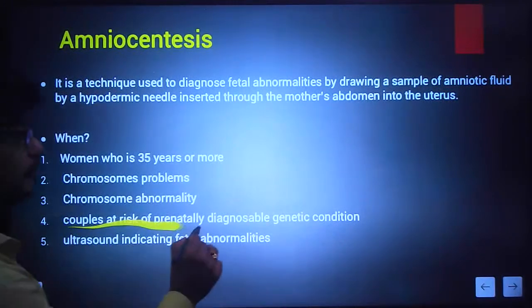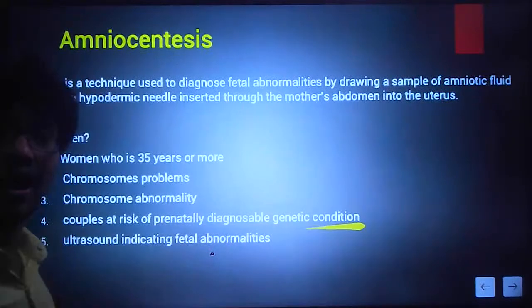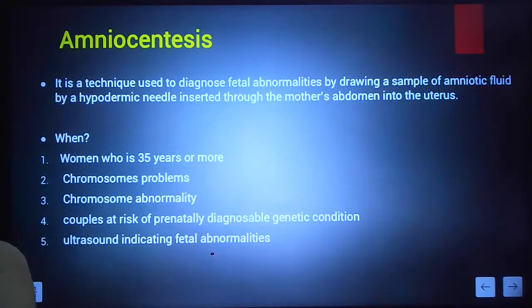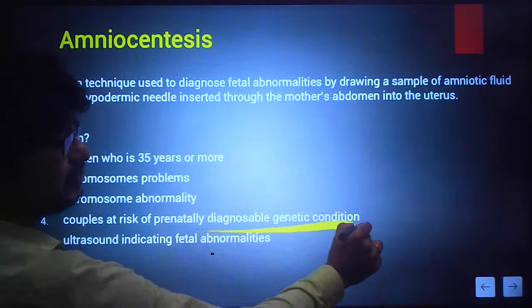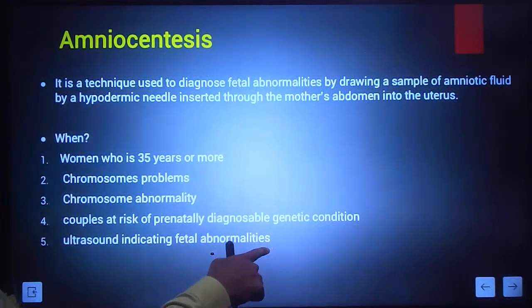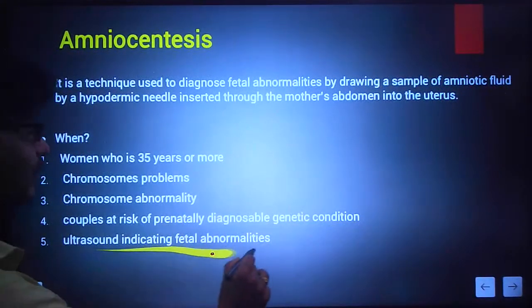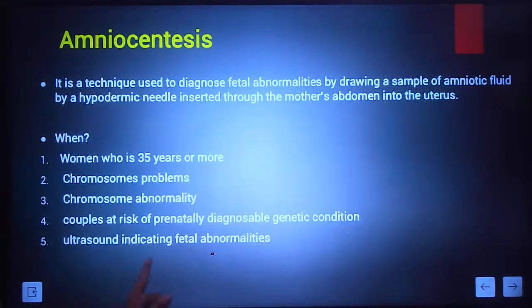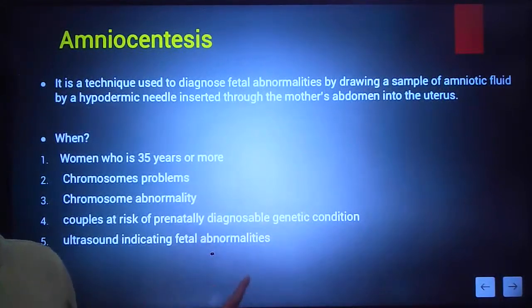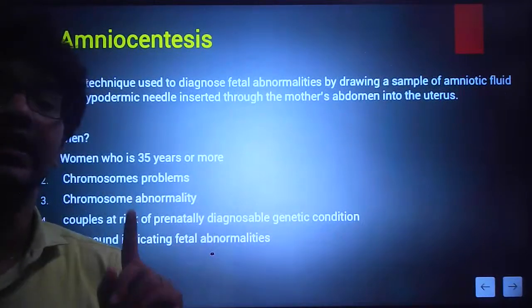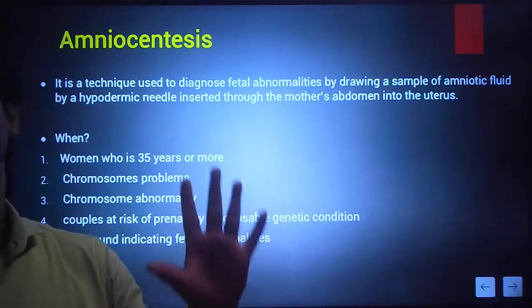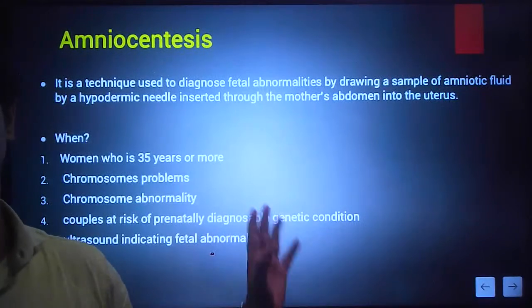Also for couples at risk of a prenatally diagnosable genetic condition, where the couple already has some genetic problem, we can perform this technique. Also when ultrasound indicates fetal abnormalities, they can perform amniocentesis, but only under the approval of registered doctors. Simply, they cannot perform amniocentesis.